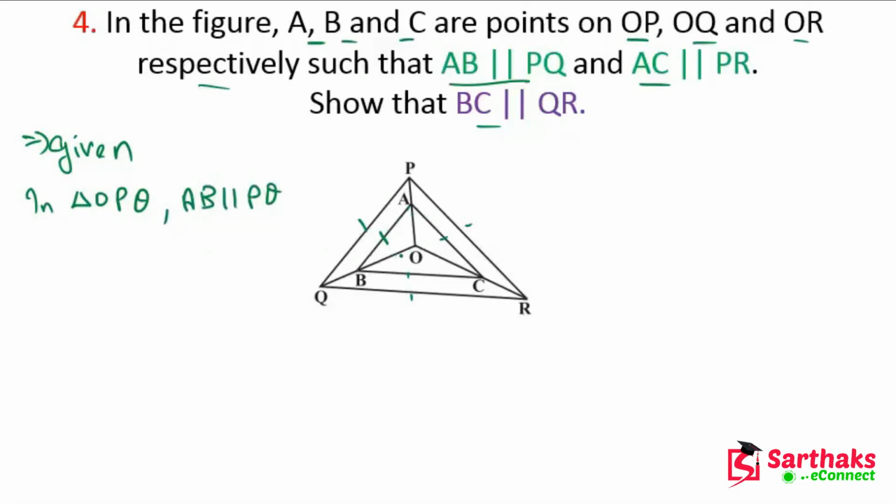So by the proportionality theorem we can write OA divided by AP, which is equal to OB divided by BQ. I hope you understand this. This is by theorem 1, and this is our equation number 1.